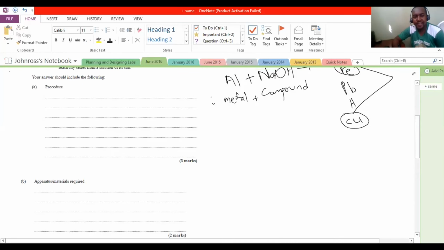Step one. What would we have for step one? Gather materials. All right, let's write it. Not necessary that you write this one, but okay. So gather materials. We're still going to continue at step one. And then when you gather the materials, what would we do?